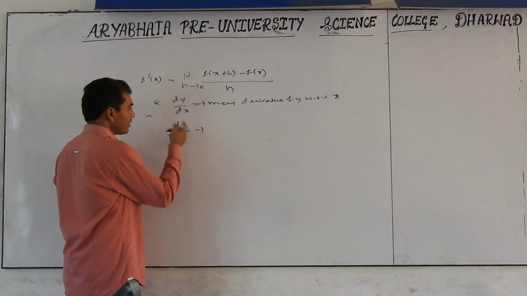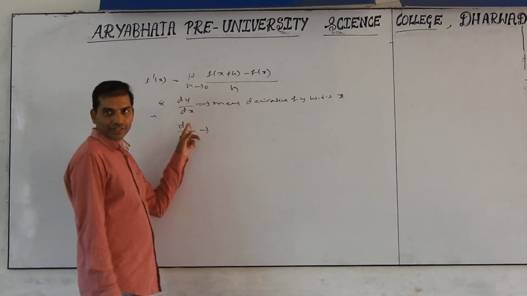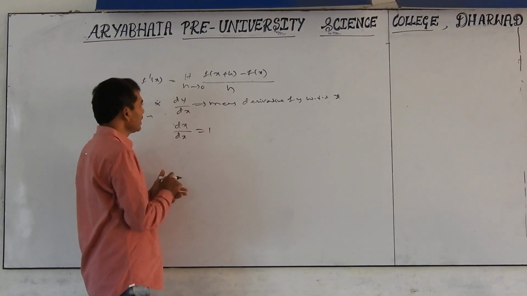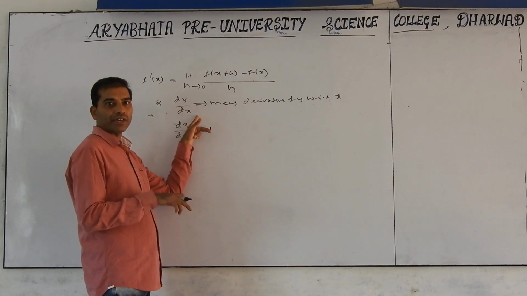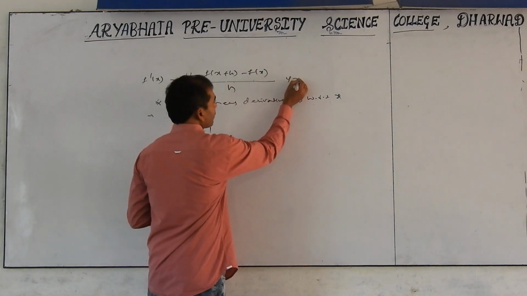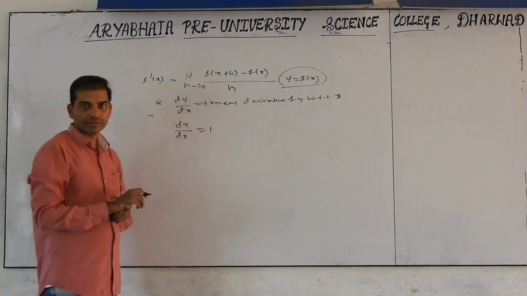Derivative of x with respect to x is 1. Okay. Here y is the dependent variable, x is independent. So y is dependent on x. So let y is equal to f of x. y and f of x both are the same.